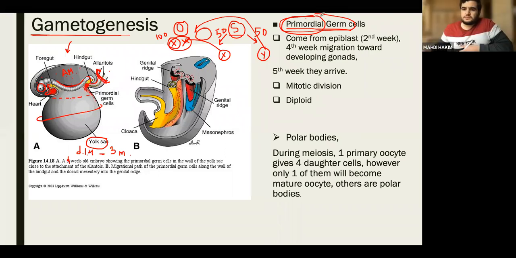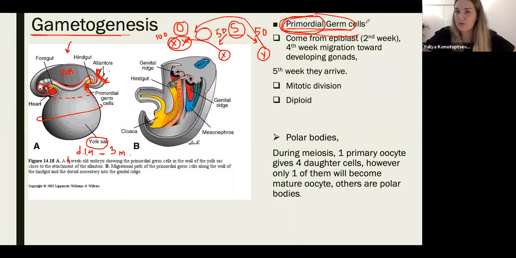That means that if these primordial germ cells give rise to the oocytes and to spermatozoa, this process has to happen in embryo. It has to happen during embryological development and not when you're adult. But it's actually also a bit tricky, because in men, as you know, we make spermatozoa constantly.